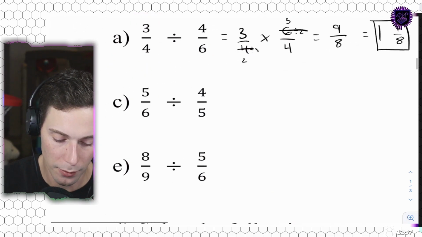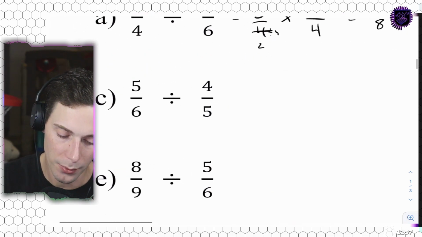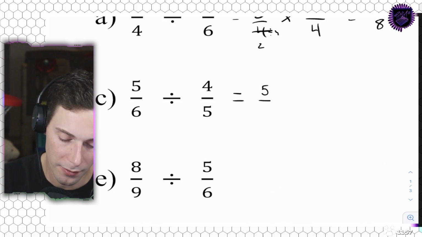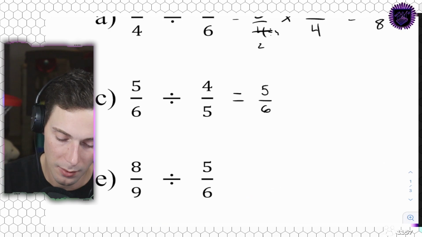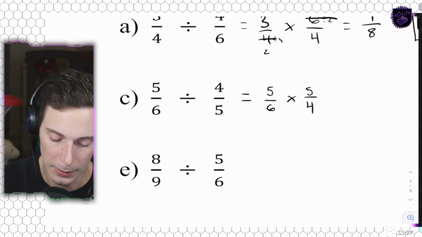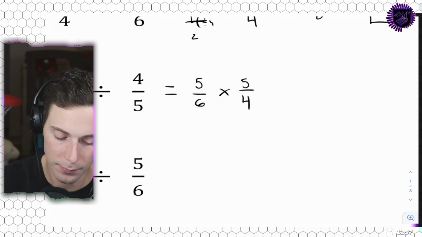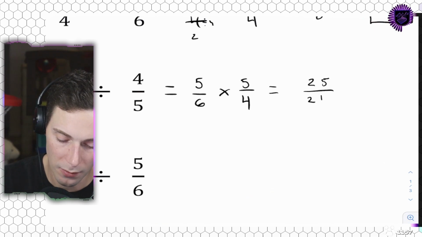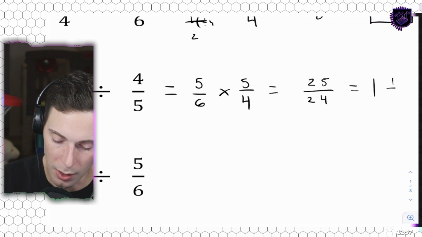Repeating this process over and over, practicing. So keep, change, flip. 5/6 multiplied by 5/4, and there's no common factor. This will be equivalent to 25 over 24, which will be equal to 1 and 1/24.